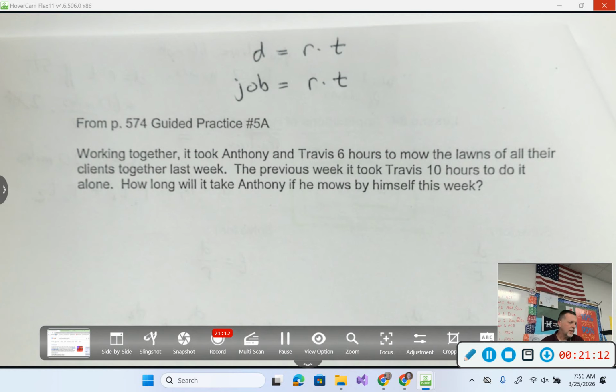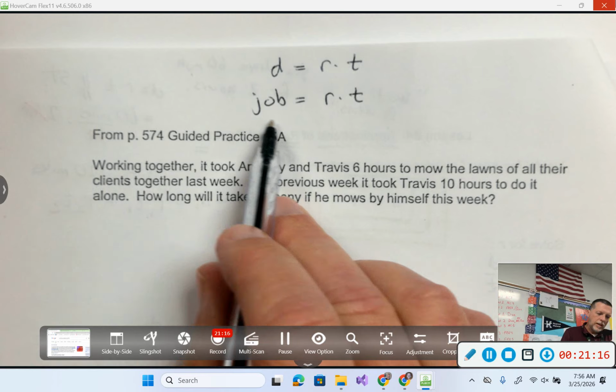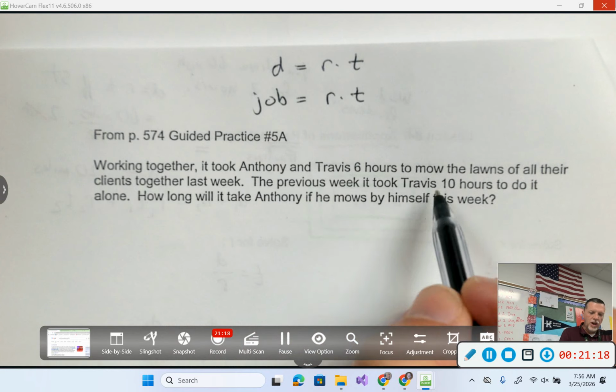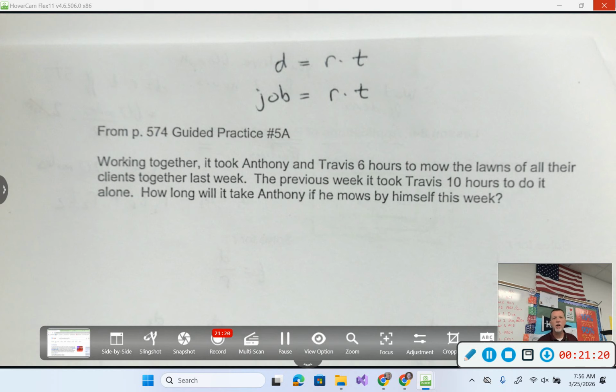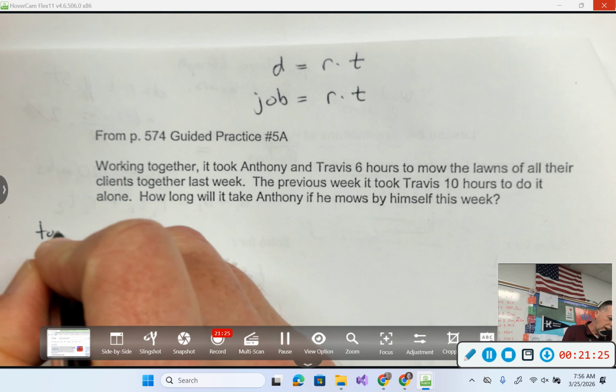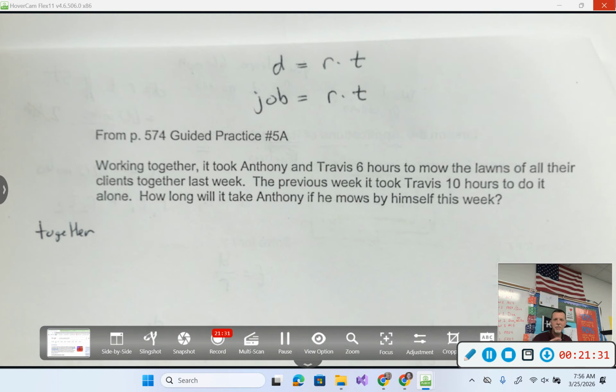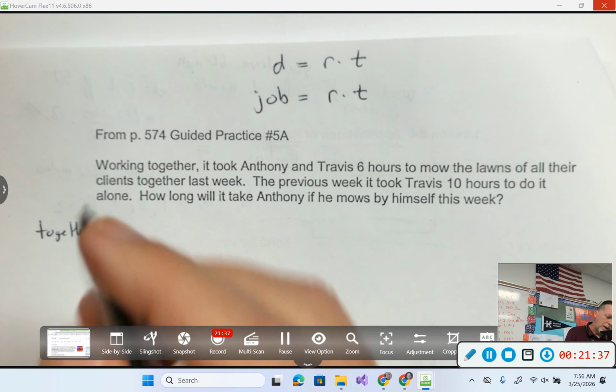Okay, so let's think about this. The job is one job, right? The job is mowing all the lawns. That's the one job. Working together, this looks like it's going to be one of those pieces thing, like the plane was there and back. This is not a there and back problem, but we've got an Anthony equation, a Travis equation, and a together equation, or information.